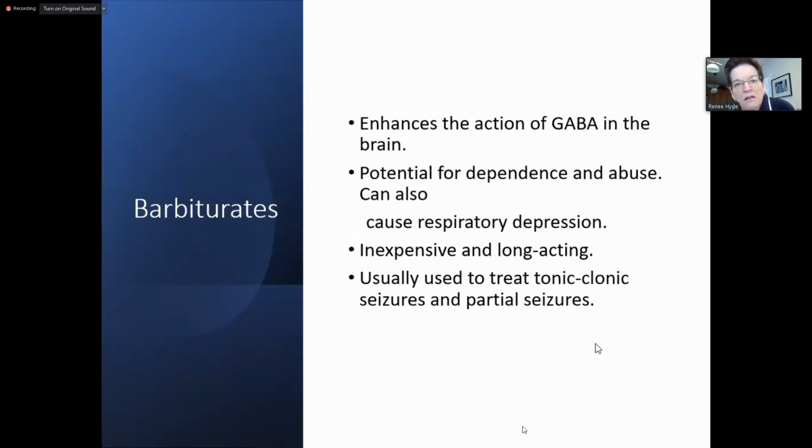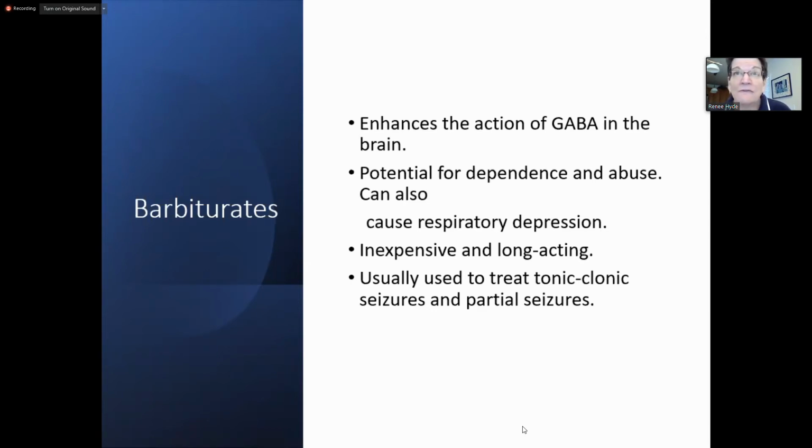We will talk about a classification of meds called barbiturates. Now, we don't use them as much as we used to because they have a potential for dependence and abuse. They also cause respiratory depression. However, they're very inexpensive and very long acting.